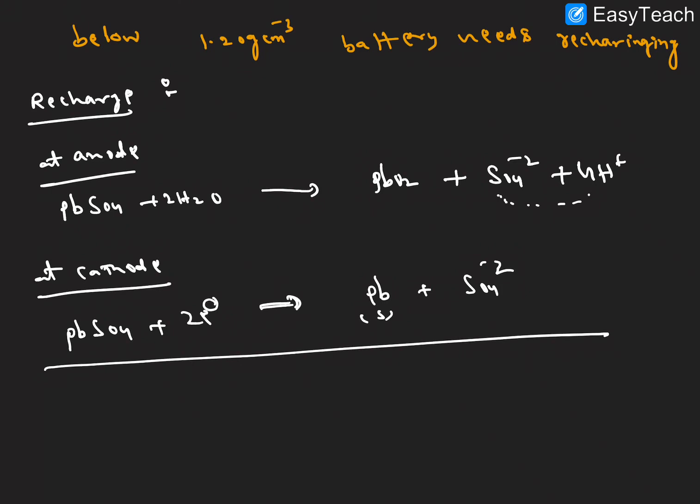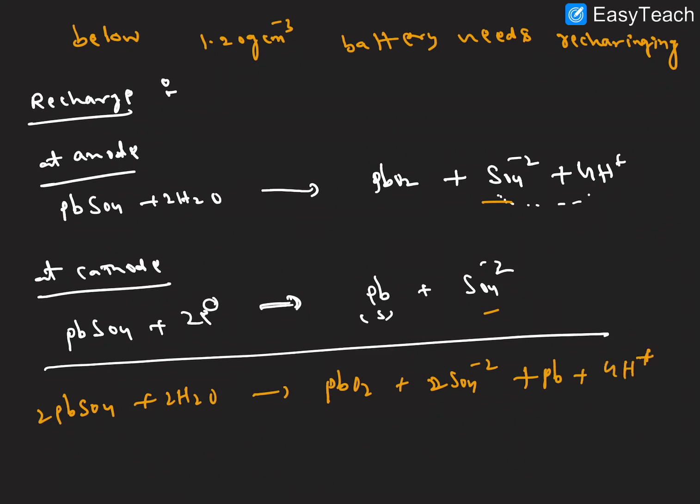So let us observe the overall reaction here. These 2 electrons, here the oxidation takes place. So the overall reaction is 2 moles of PbSO4 plus 2H2O gives PbO2 plus Pb plus 2SO4 2- and 4H+ ions.